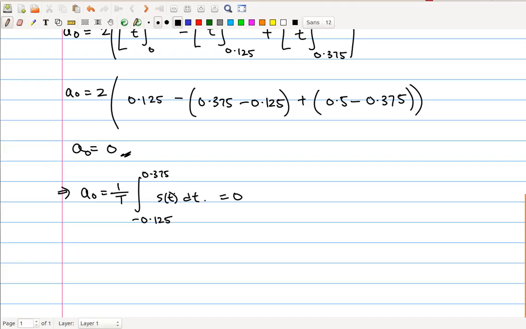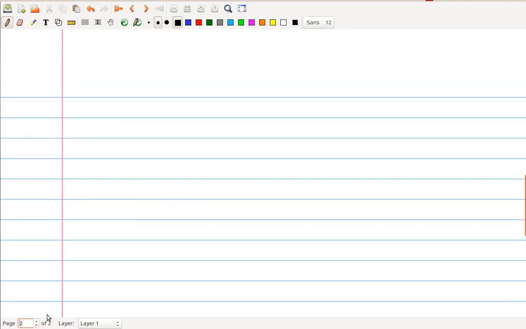So mathematically speaking, I can say s of t is even because s of t is equal to s of negative t. This is like a mirror image about the y-axis. Okay, so that's part B.